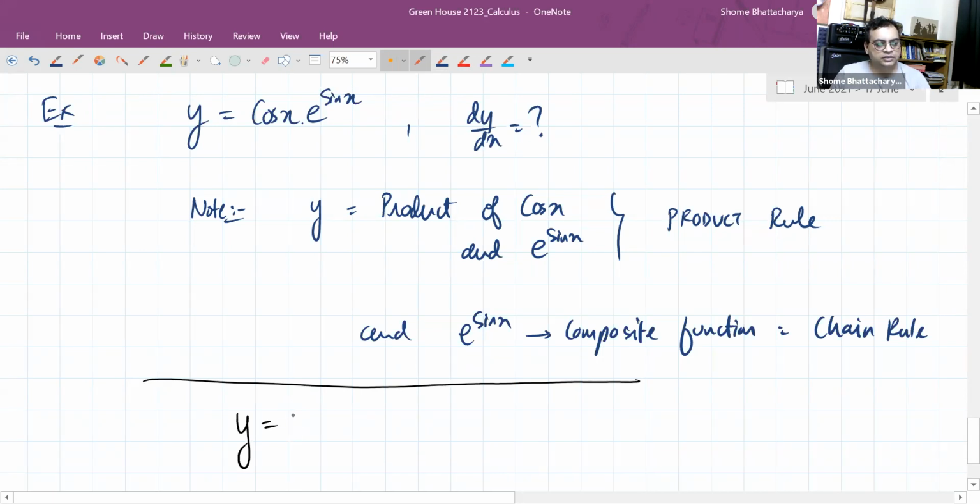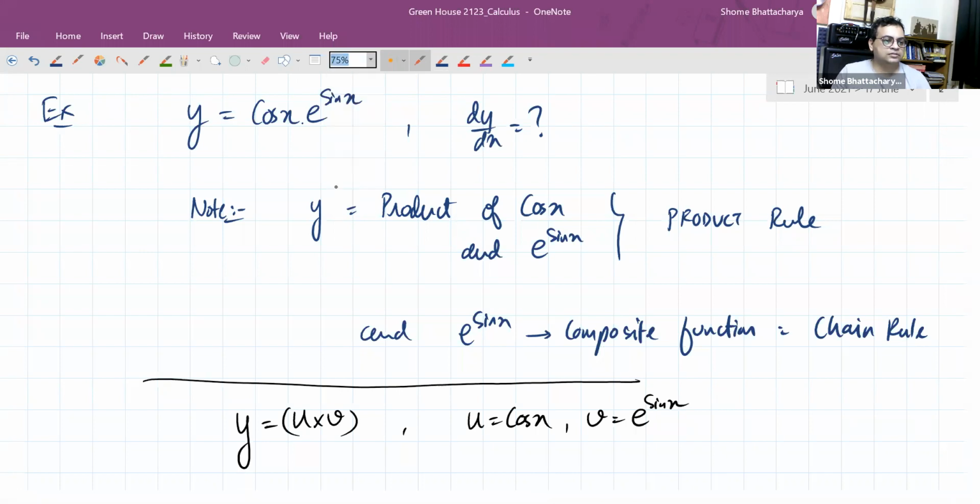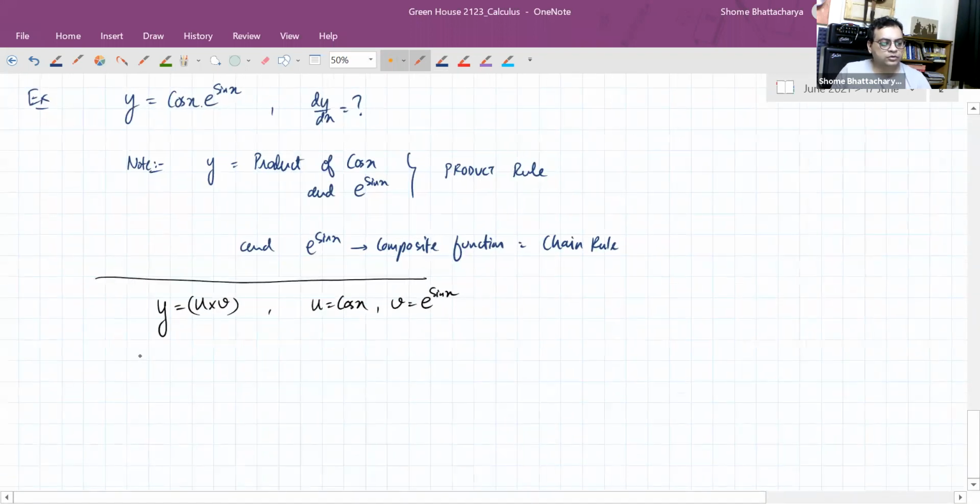So let's say it's u into v, where u is cos x, and v is e raised power sin x. So now to find differentiation, we first of all will use the product rule. So dy by dx will become differentiation of the first function multiplied with second function plus first function multiplied with differentiation of second function. So this step is clear.